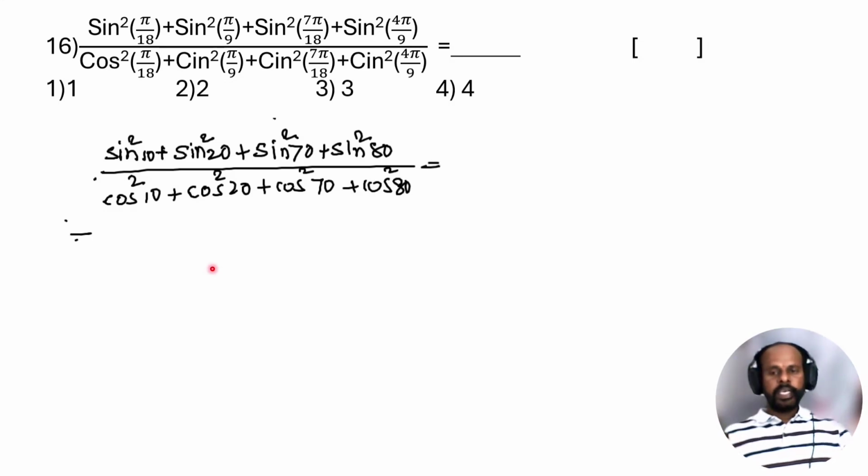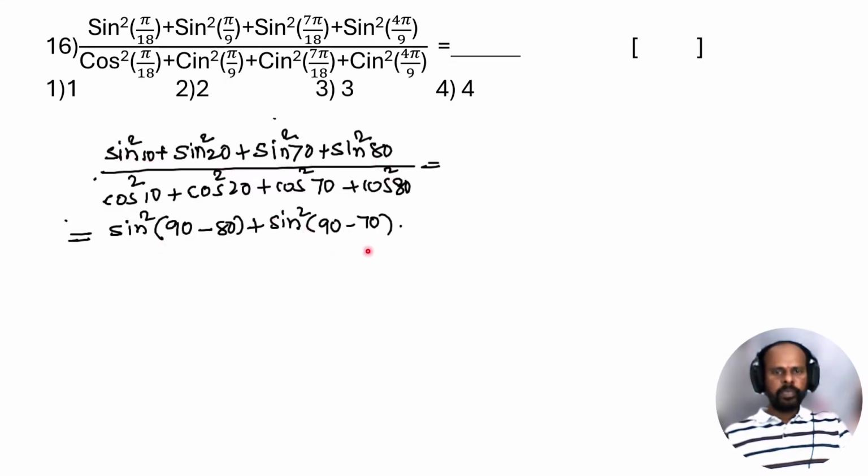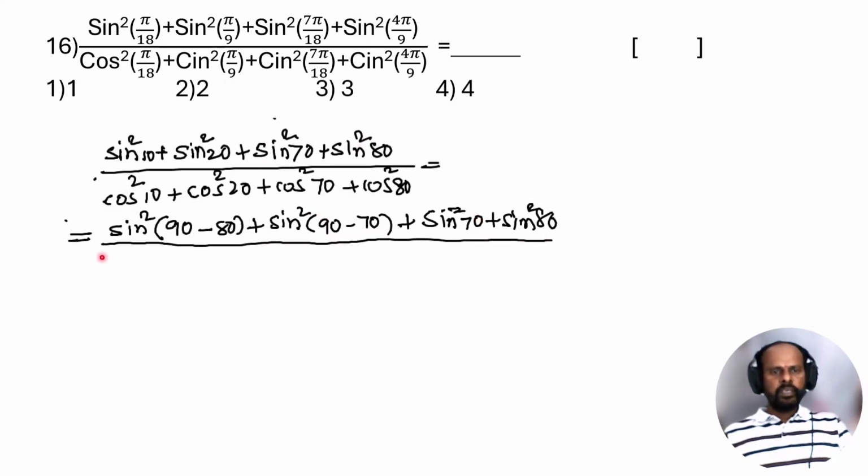So now we have to use the identities. So how we use identity, 10 I am writing as 90 minus 80. Okay, 10 can be written as 90 minus 80 to get similar to this, and 20 can be written as 90 minus 70, so to get similar to 20, and remaining two terms writing as it is. Okay, divided by, in the same way let us follow the same method as in the numerator.